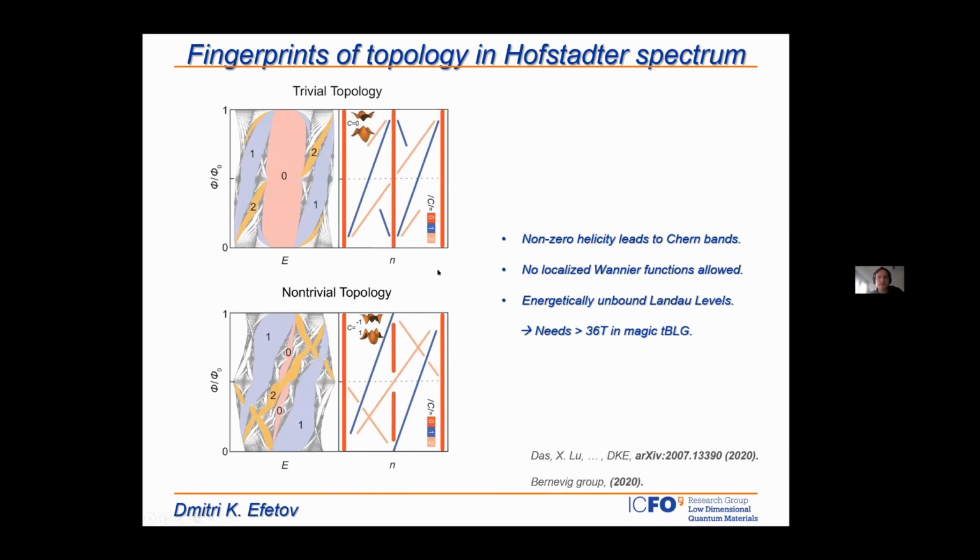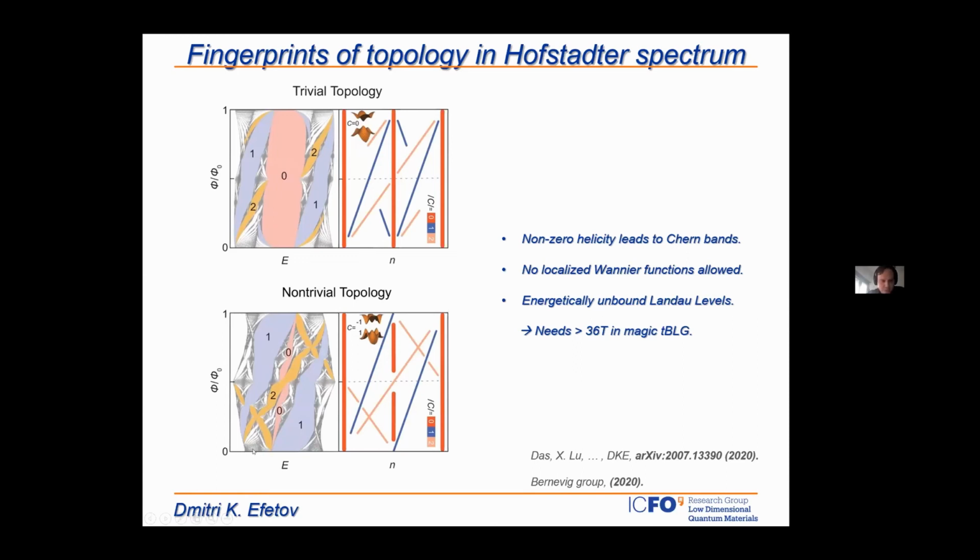What Andrei showed in several theory papers from last year is that in topologically non-trivial bands, this doesn't hold true anymore. The Landau levels within each band are not confined anymore to their energy, but they can disperse outwards of the band. This is shown here, for example.